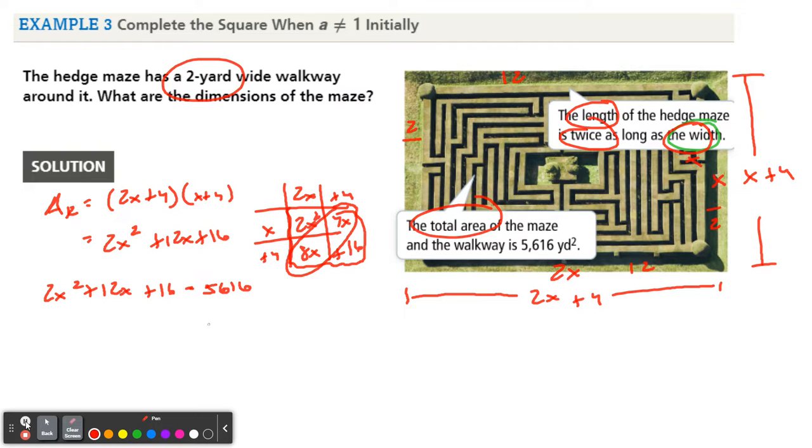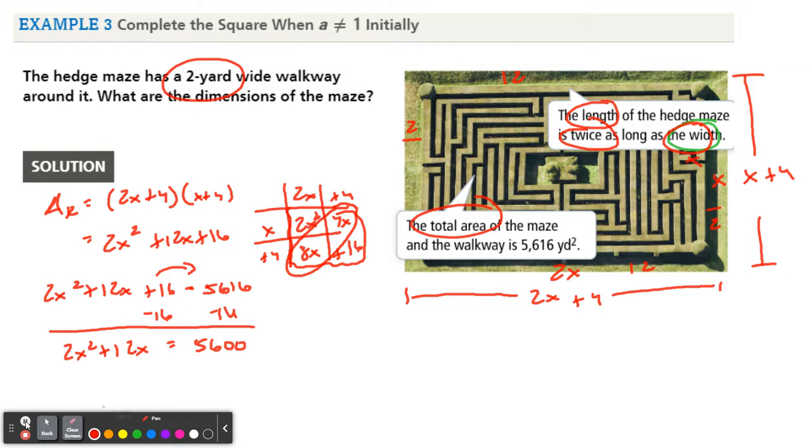Now I'm going to solve this using completing the square. Okay? Again, we're just going to do it like this. So first thing I do is I have to get rid of this 16, right? Anything without x, move it to the side. So I'll subtract 16. 2x squared plus 12x equals 5600.